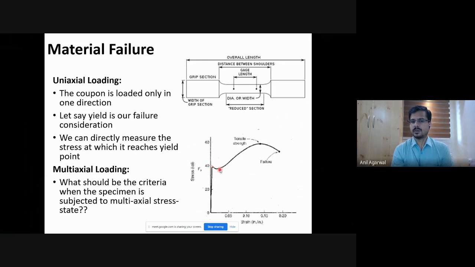Right? Then you have upper yield and lower yield. Then you have somewhat of a plateau. Then you have a gradual increase in the stress, which is called the strain hardening portion. And then you have the ultimate strength or tensile strength. And at some certain amount of deformation, you have failure. And this deformation or this strain value is known as, what is it?